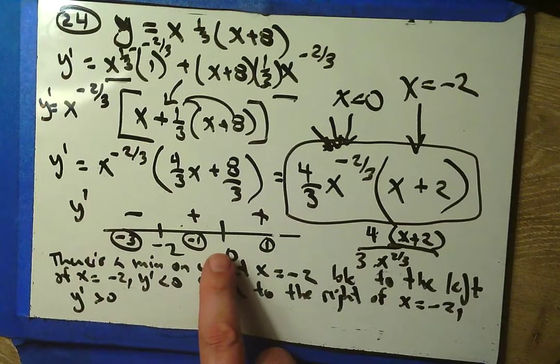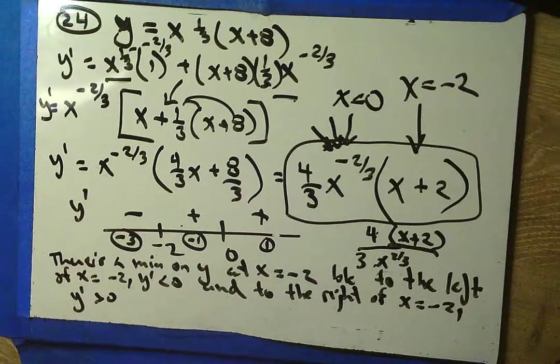We have no sign change here at x equals 0, so we don't have a max or a min there. My guess is that if we did the second derivative, we'd find out that there's in fact an inflection point there.